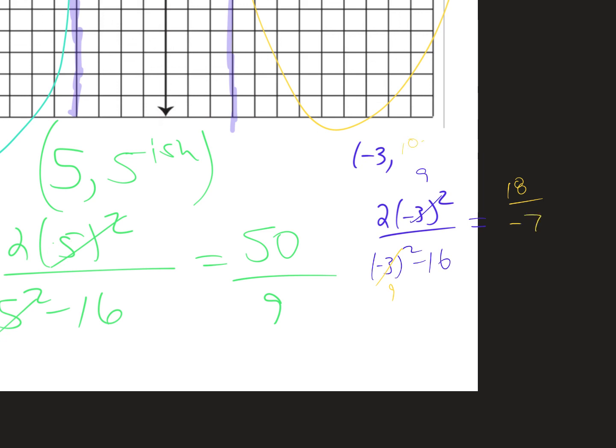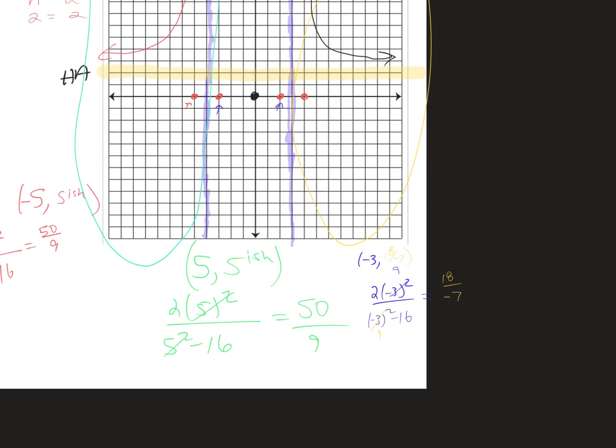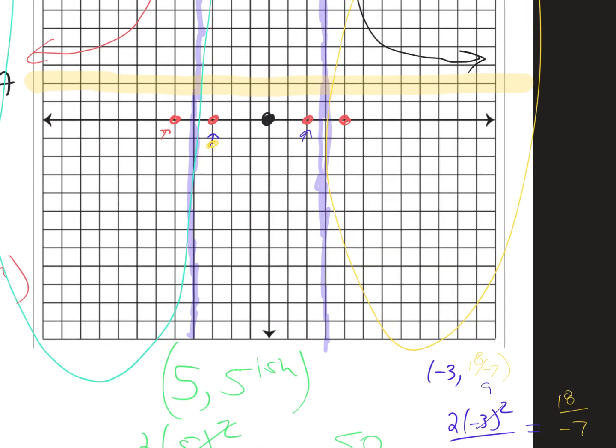I have 18 over -7. I don't know exactly where that is, but I do know it's below the x-axis, so it's going to be here-ish. It's definitely below the horizontal asymptote, because it's a negative number.